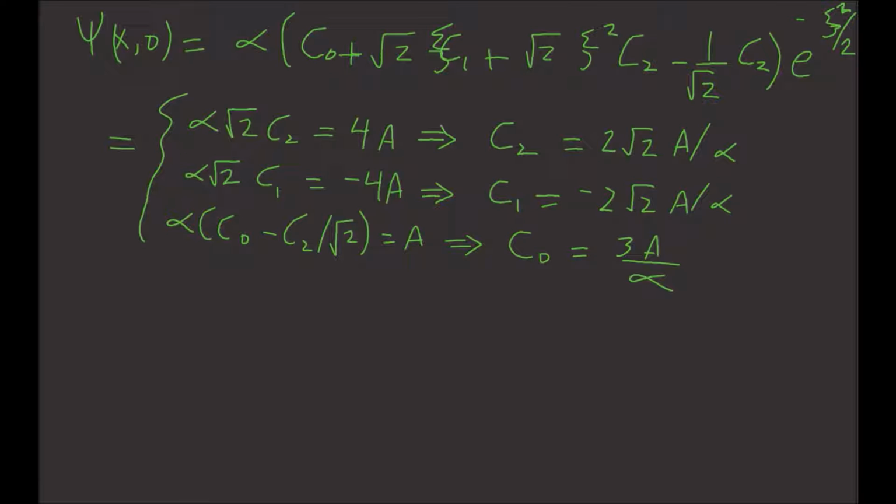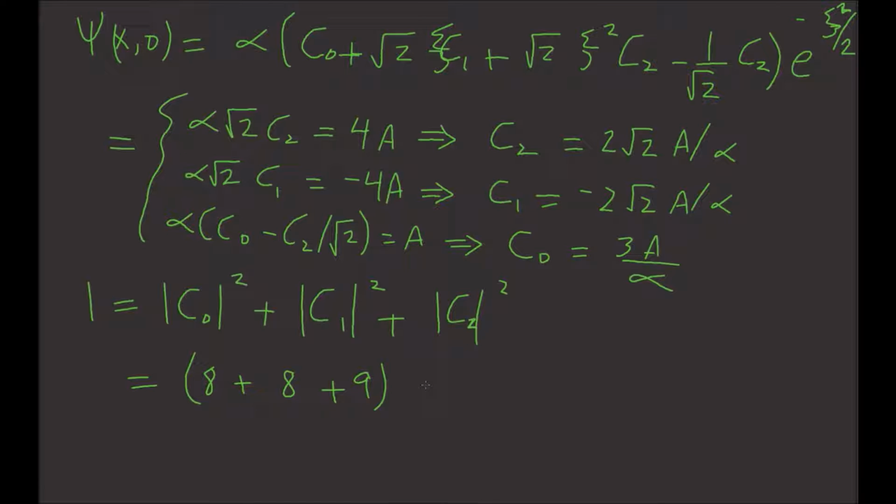Alright, so now if we normalize this wave function, we get 1 equals the first coefficient modulus square plus the second coefficient c1 modulus square plus c2 modulus square, which gives us the first one, it's 4 times 2, so that's 8, plus the second one is also 8, and the third one we have 3 squared, which is 9, and of course all of this is times A divided by alpha squared. This equals 1.